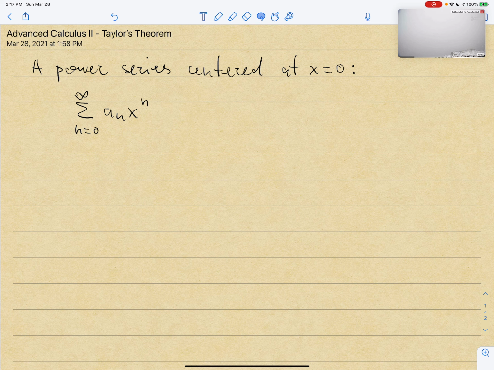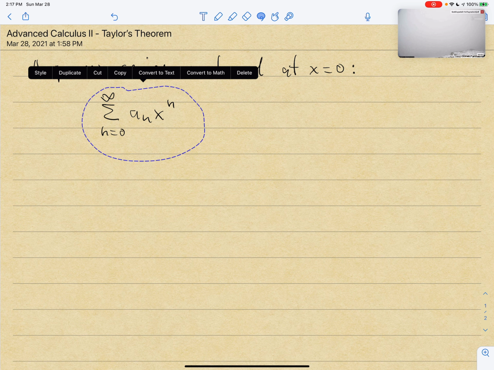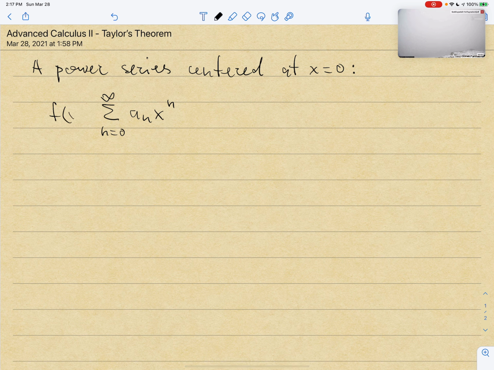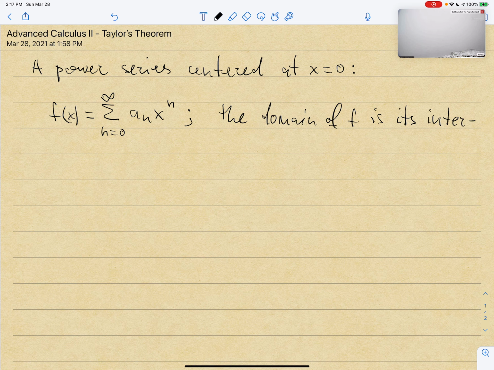This is the power series. The sum of the power series, if the series converges, will depend on x. So a power series generically is going to define a function f of x. The domain of this function, as we have shown, is its interval of convergence.